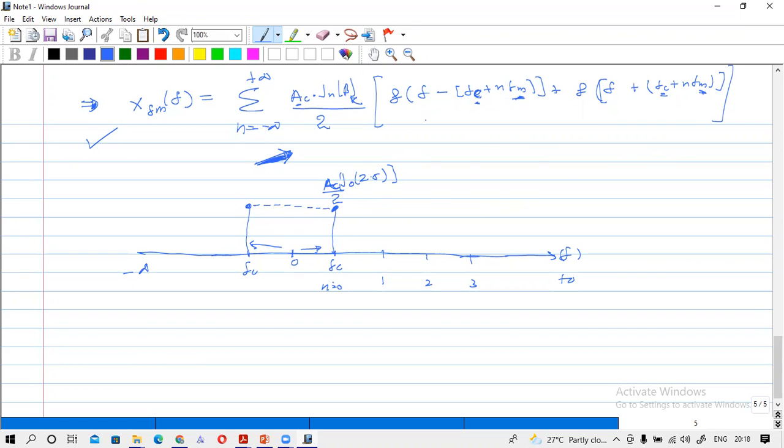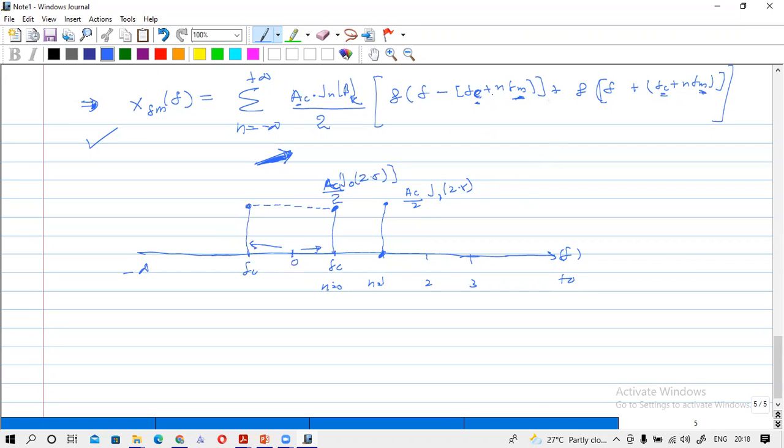If you find the value for n equal to 1, what is the value here? Some value is there: AC by 2 J1(2.5). And what is the value here?